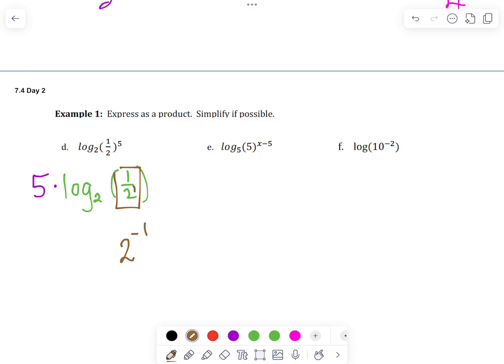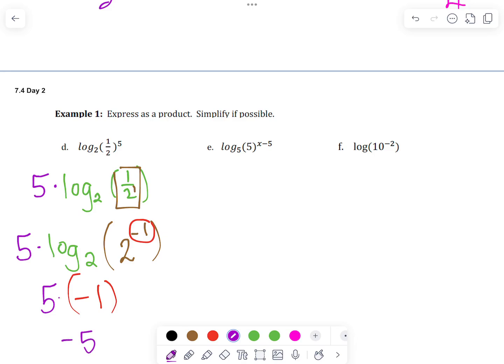So now that makes a negative 1 exponent. We still have our 5 and then our logarithm of base 2. Now our logarithm is base 2, our exponential is base 2, they are inverses of each other, so we'll just be left with negative 1. And then we multiply that times 5, so 5 times negative 1 is negative 5.